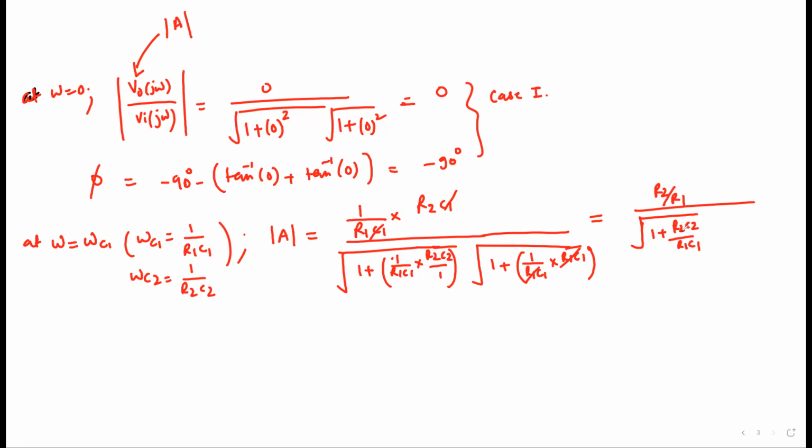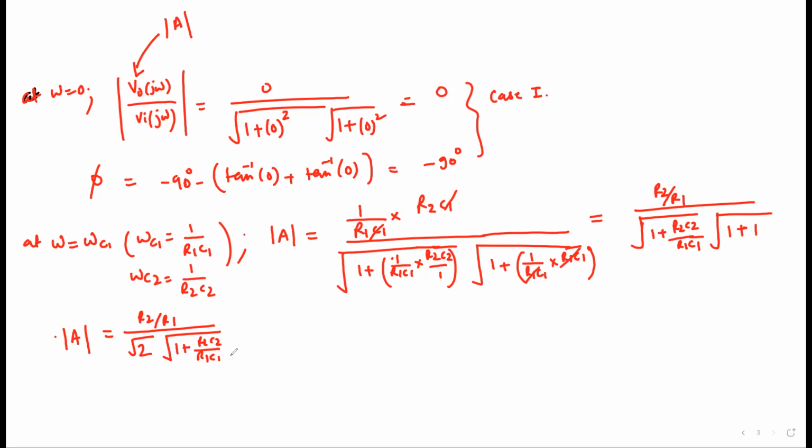If the numerator and the denominator are the same, then this term gets converted to 1 here, and right over here what we have is 1 plus 1. So the final value we are trying to obtain is R2 over R1 in the numerator, and in the denominator we have these two terms, 1 plus R2 C2 divided by R1 times C1.